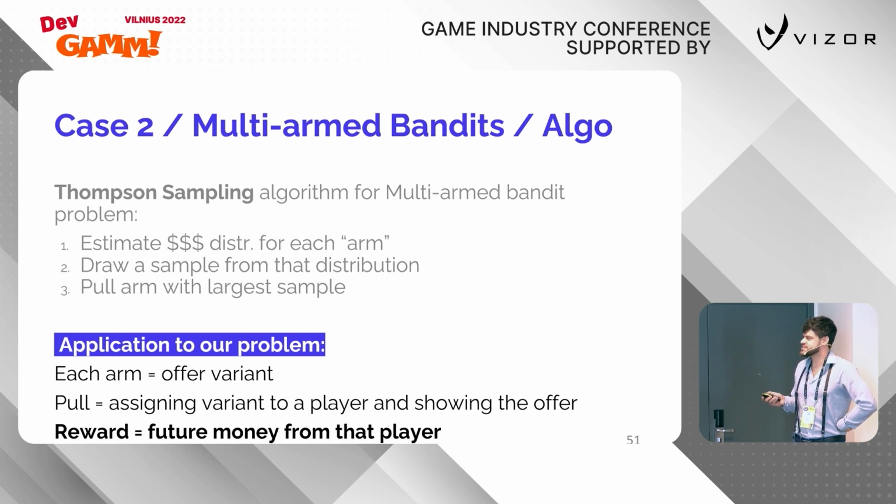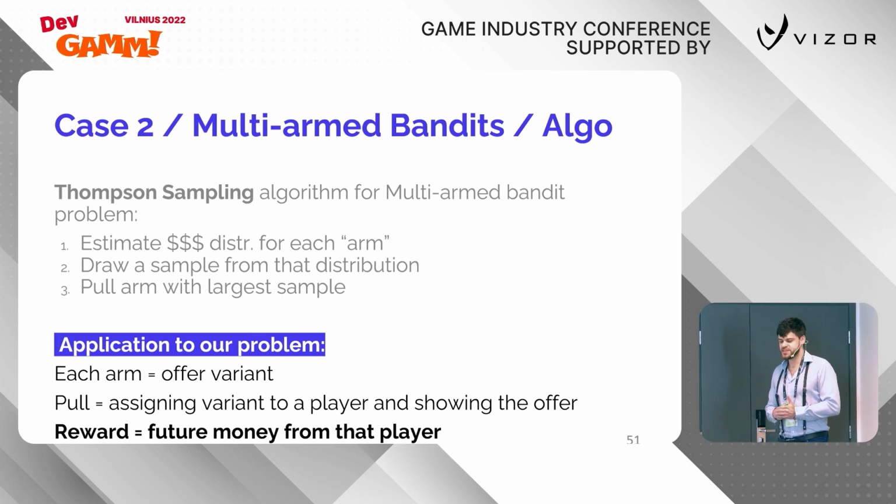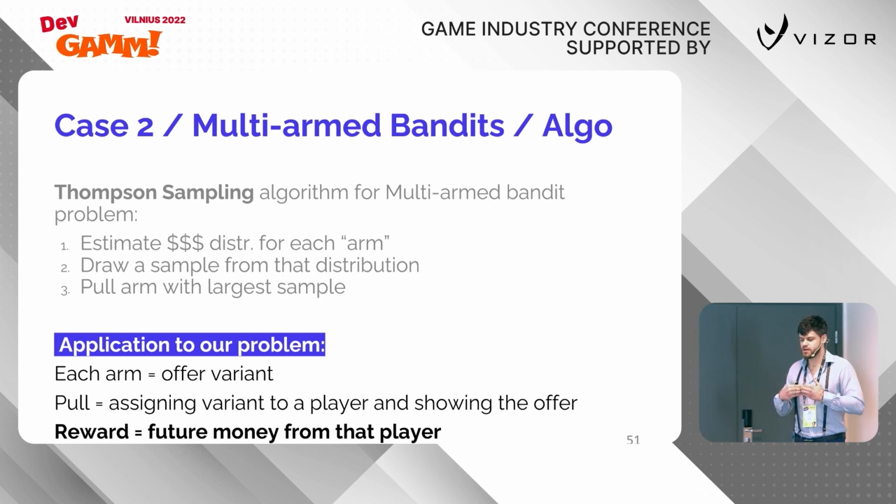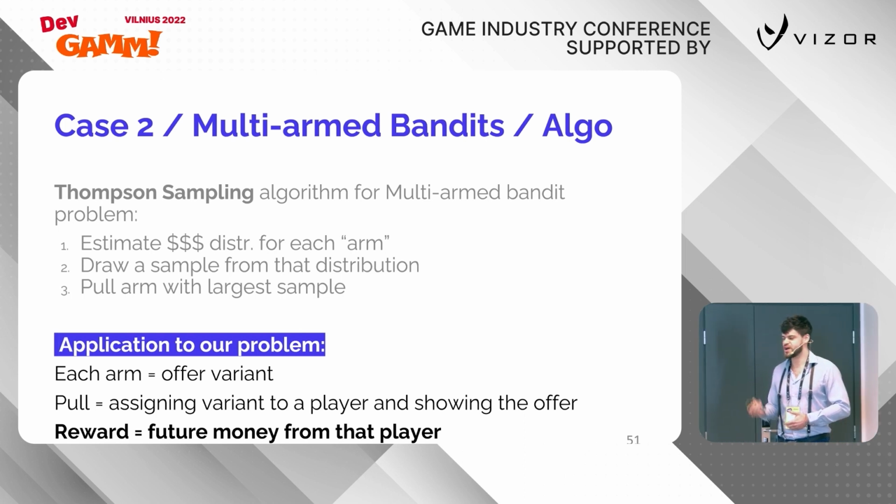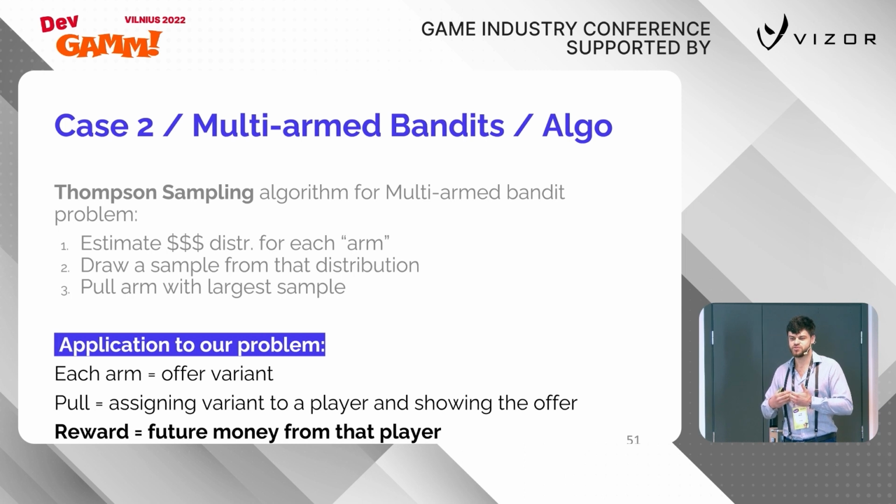So if we translate this multi-armed bandits algorithm to our case, what we see is that each variant of the offer is an arm, and each user is an arm pull. So a new user comes to us, and we have to decide which offer and which set of parameters we should apply to them.